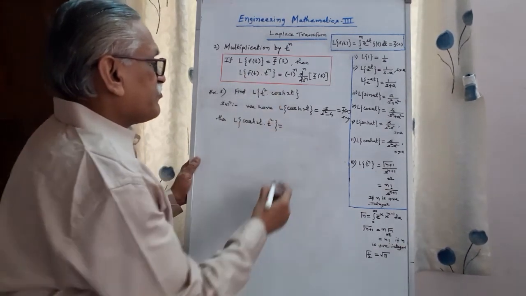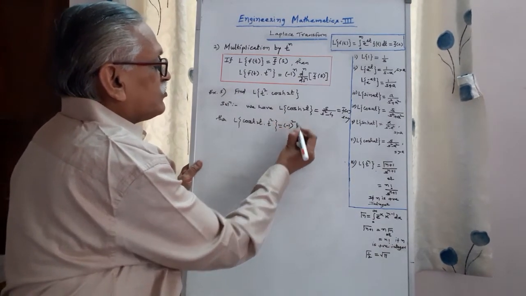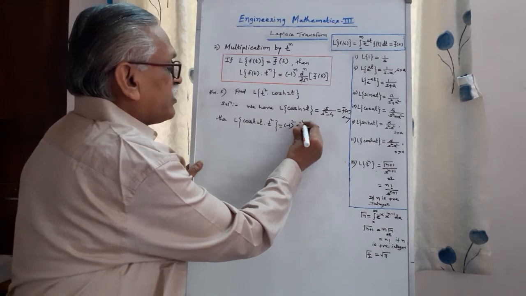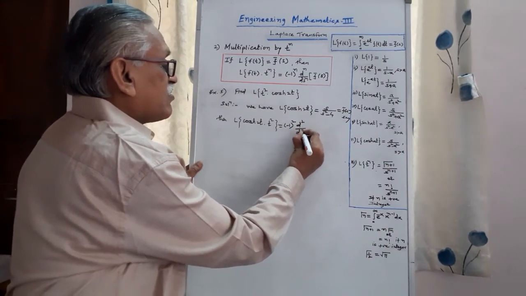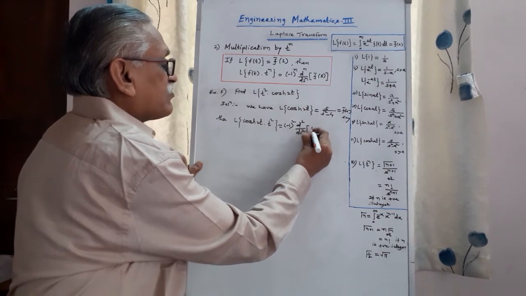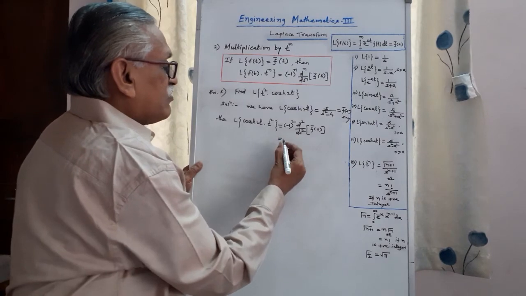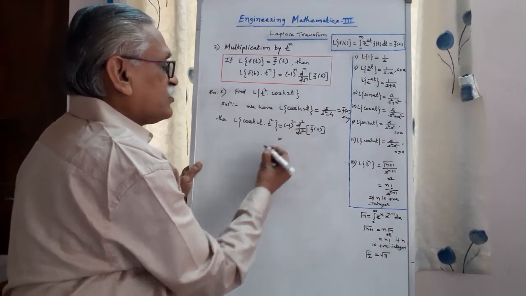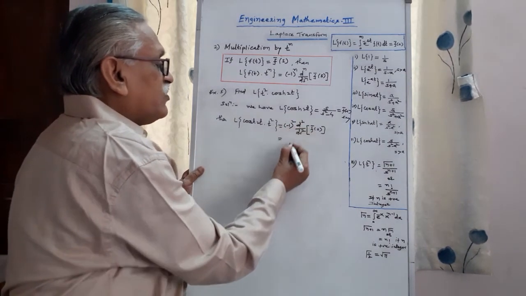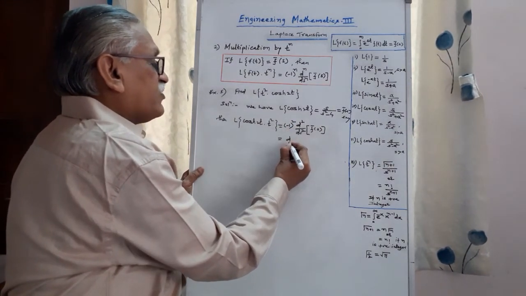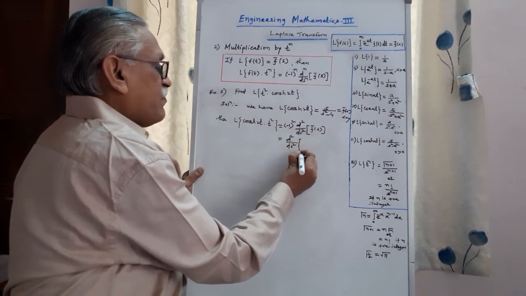Applying this theorem, it is minus 1 raised to n, power n is here 2, same order derivative with respect to s of f bar of s, and therefore it is minus 1 raised to 2, sign is plus, positive value, and d2 by ds square of f bar of s.